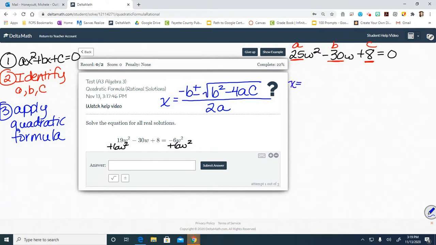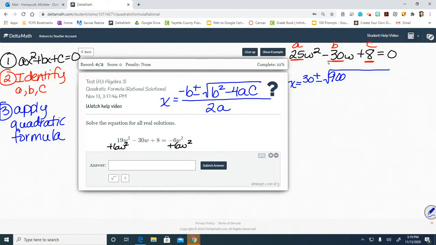So x equals negative b, or the opposite of b. So the opposite of negative 30 is positive 30, plus or minus the square root, b squared, so negative 30 squared is 900. And it's best to square this before you just write it in. So I always square it in my head.